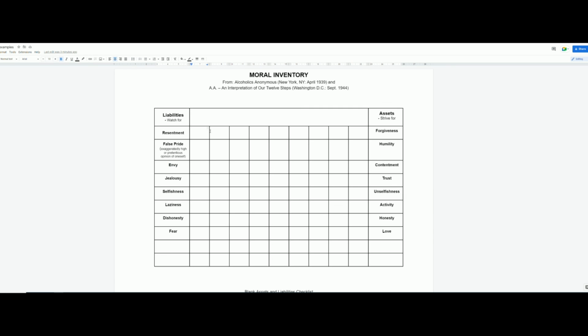So if we had a list of people here that we're resentful against, our objective is to feel forgiveness for those people. Yep, I'm afraid so. Envy against somebody, we want to be content in ourselves. So these assets are there to give you an objective in terms of how you want to feel out of things and how you will feel after following the steps.